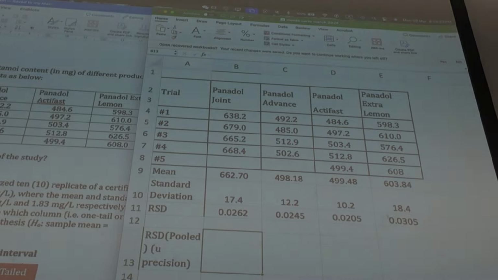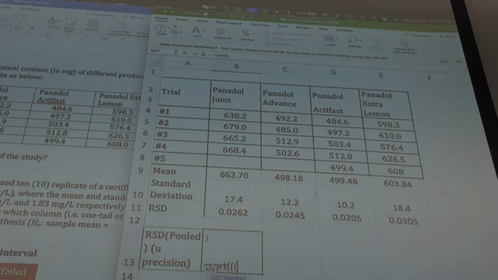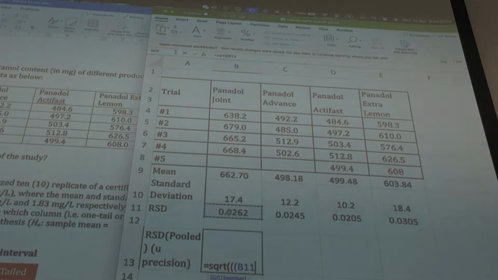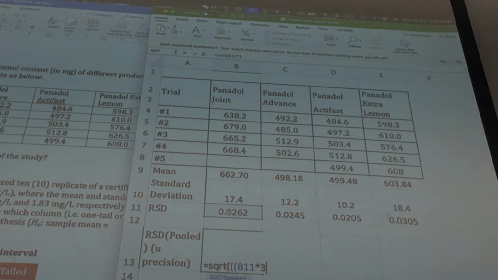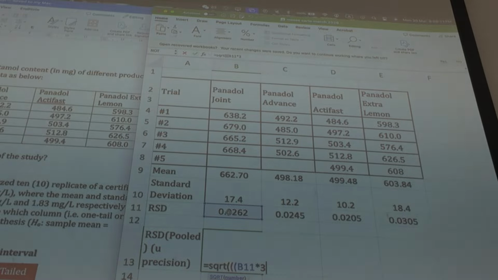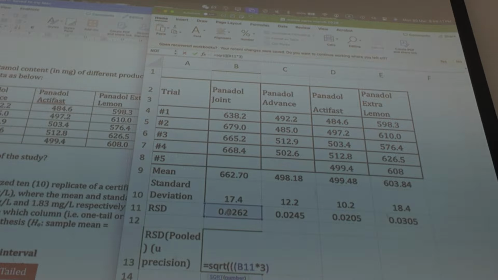Okay, it is equal to the square root of this one squared times 3, the n minus 1, I forgot, is it squared?